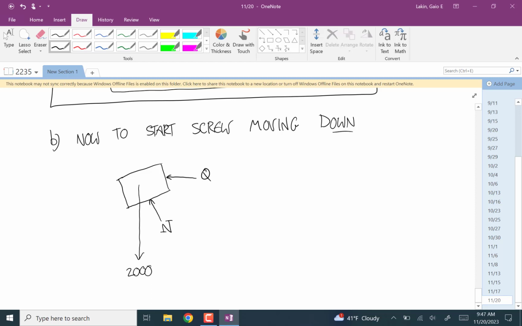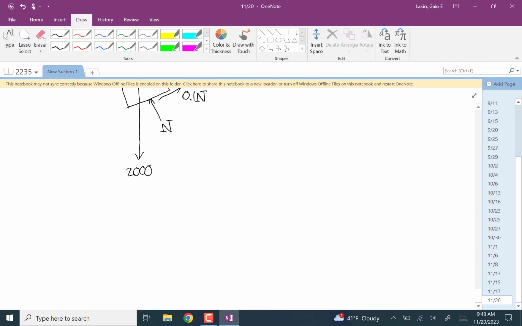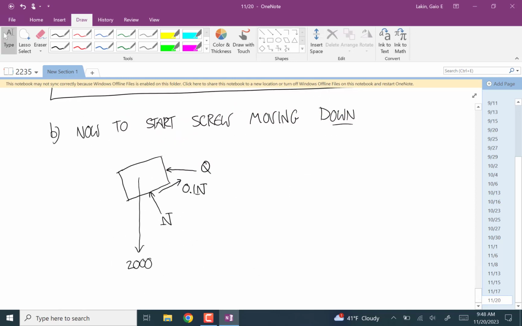But now since the impending motion is going to be down the ramp, this friction force is going to be up the ramp. Make sure I did that right. Okay. So we'll do that calculation next time.